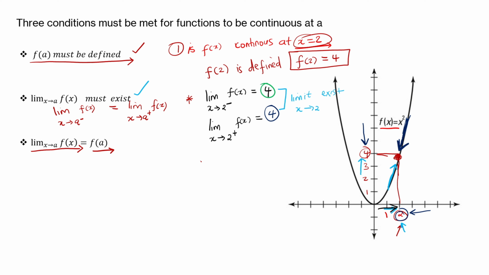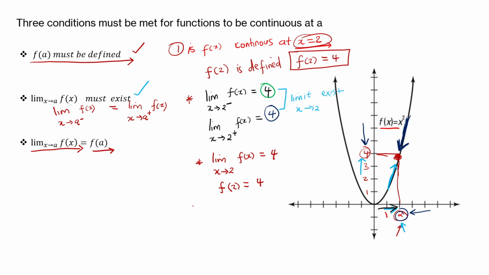So in this case, if we compare here, the limit as x approaches 2 of this function f of x is equal to 4, because we have proven that it exists: as you approach from the right and the left, you approach the same common y value, which is the limit. And here you know that the value of y when x is equal to 2 is also 4.